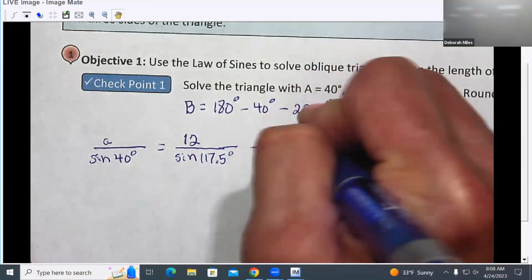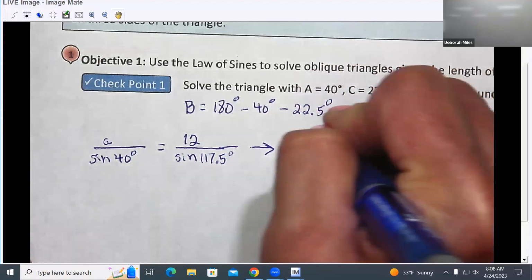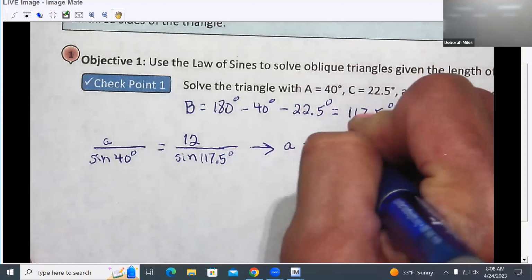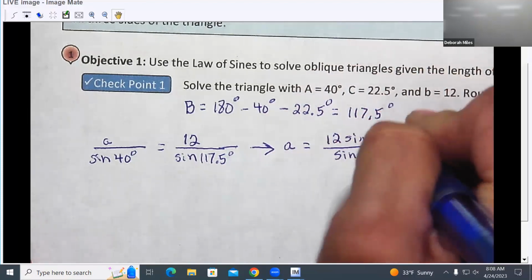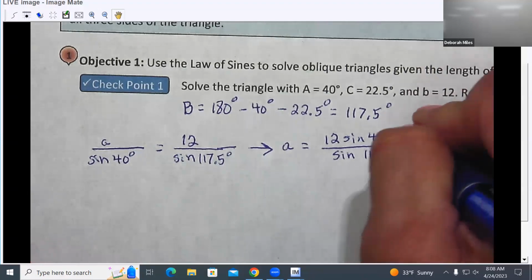So a is 12 times the sine of 40 degrees over the sine of 117.5 degrees. You'd need your calculator in degree mode because that's what we're given. And I got it to be 8.7.